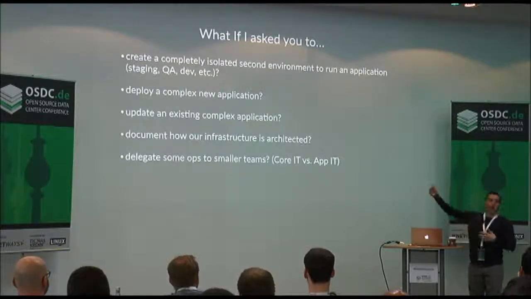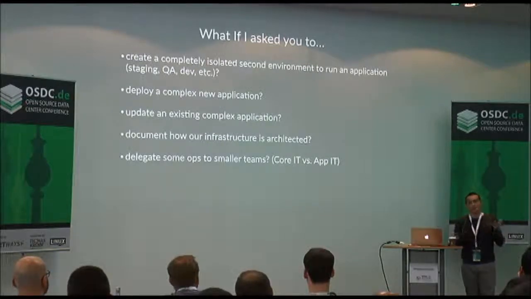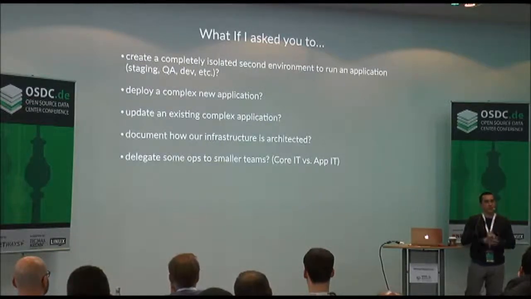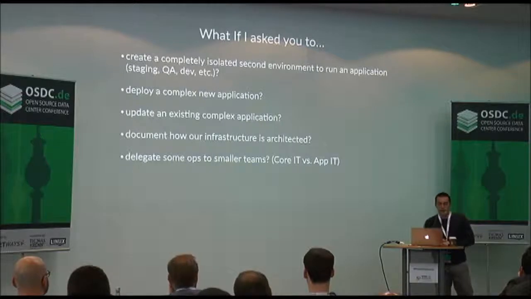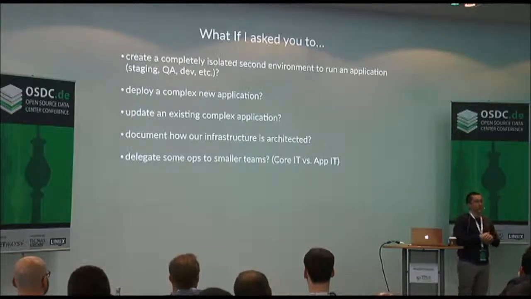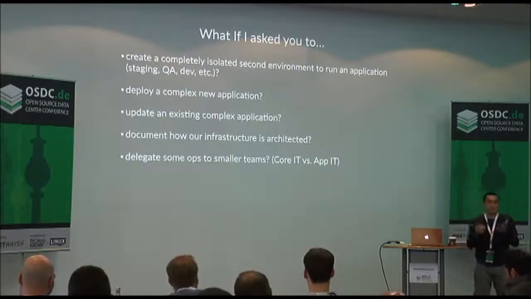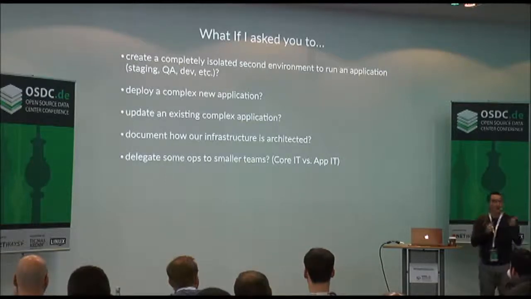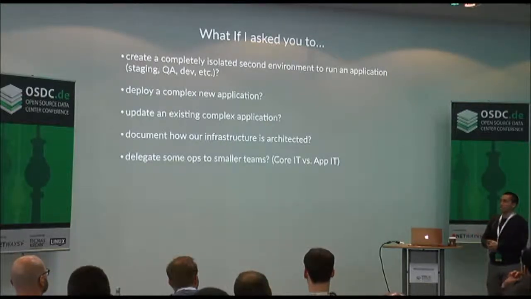How do you deploy or update a complex application, something that's not extremely trivial, but doesn't have to be very complex, just not the most trivial? How do you document how the infrastructure is architected? This gets more tricky as services come in, especially. What talks to what, what external services are needed, when, at what point in the data path, that sort of stuff. How do you document this?